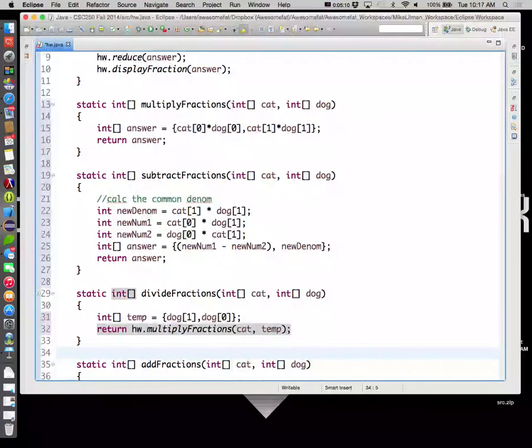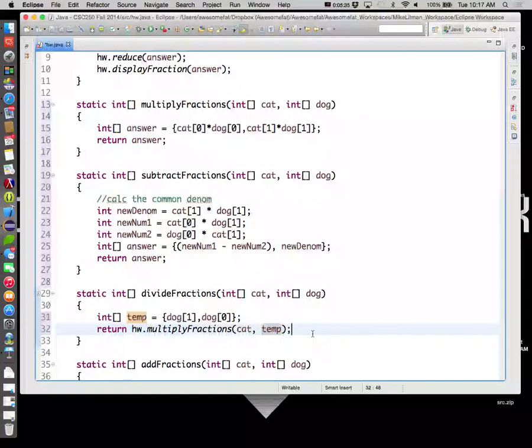Like that. All right. So get our reciprocal of the second value, then call our multiply fractions, passing it our original first fraction and our new second fraction, which is the reciprocal of the original second. That work?